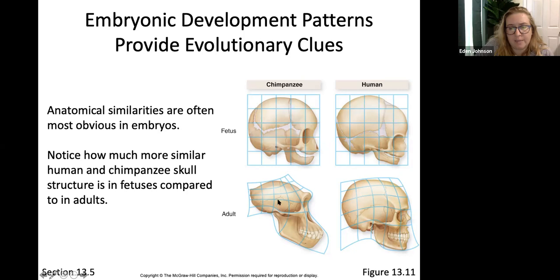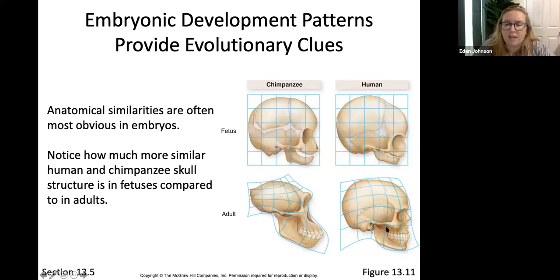If you can see, you have these skull plates that have fused in adults, but there are spaces even right after you're born. You have these bone plates that have not fused yet. So when people talk about babies having soft heads, they literally do.